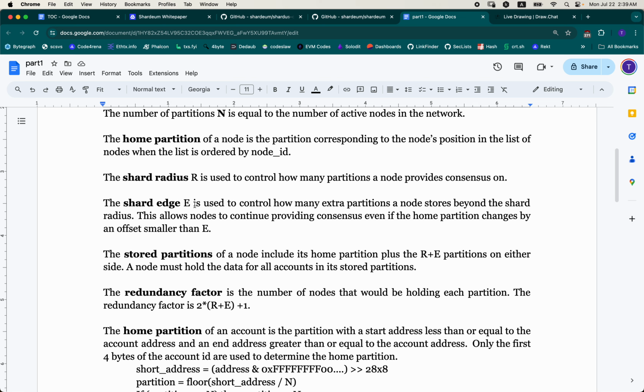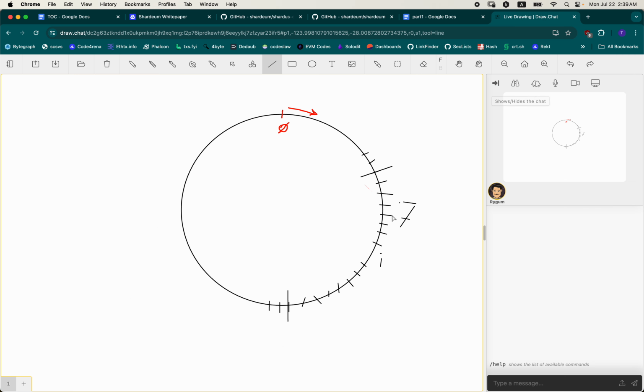The shard edge E is used to control how many extra partitions a node stores beyond the shard radius. Here it's described from the point of view of the node. Our node is not only saving its own partition, but also storing partitions within the radius R to the left and to the right, and also the partitions on the edges.